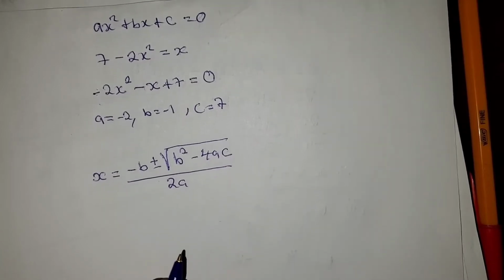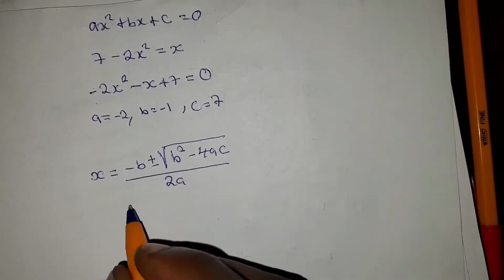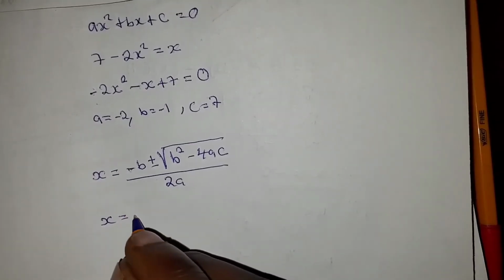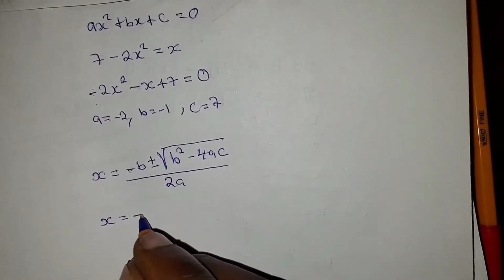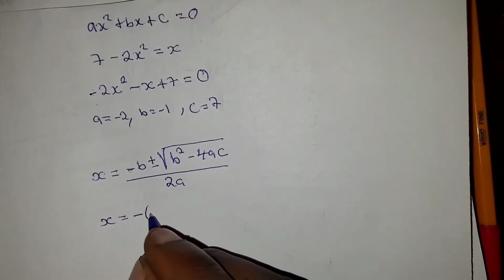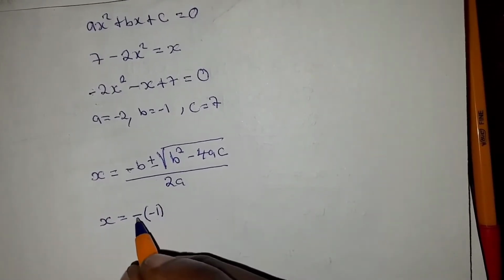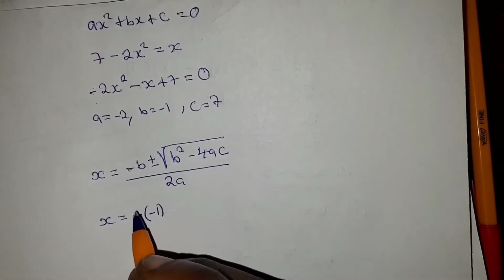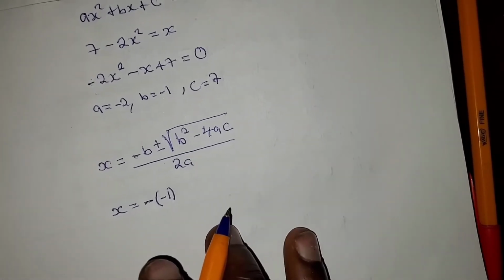Then let's now substitute. x is equal to, look at this, there's a negative, so first write the negative. Negative, what is b? b is negative 1, like this. Don't just substitute negative 1 here. Just take note that there is already a negative.